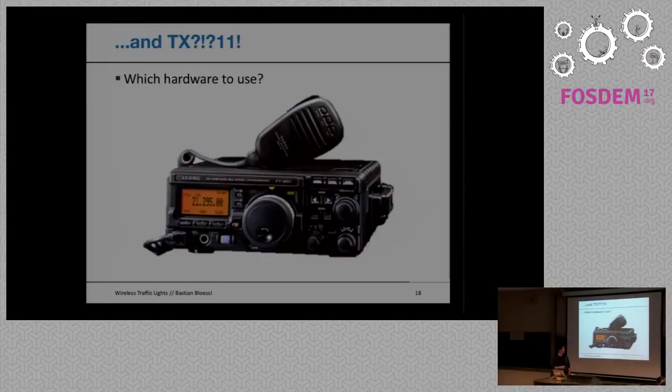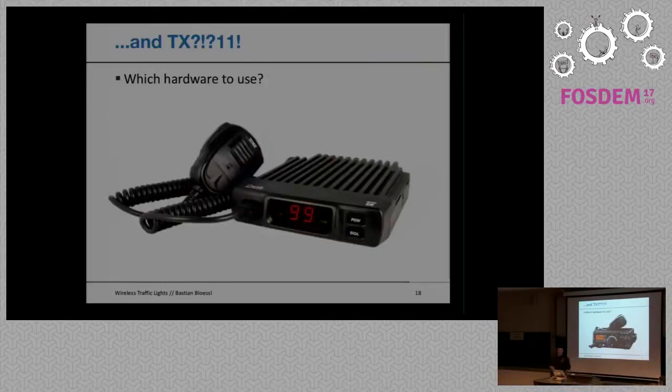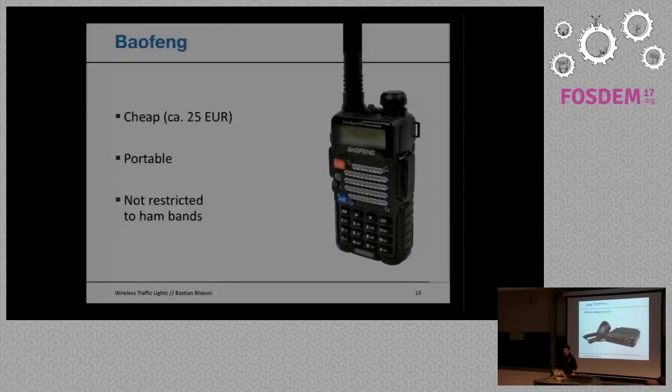Okay, I thought about how can I transmit? I have one of those, but I'm very sure that it doesn't allow me to transmit outside of the amateur radio bands. So maybe it can receive there, but transmitting is limited. I looked on eBay. You can, of course, buy lots of these land mobile radios, or however they are actually called, but they are a bit expensive, usually a bit over 100 euros.